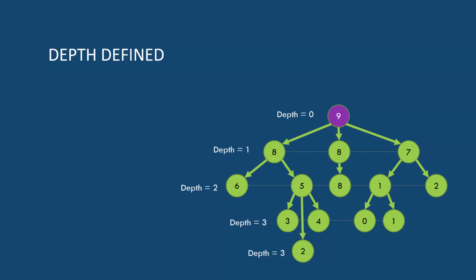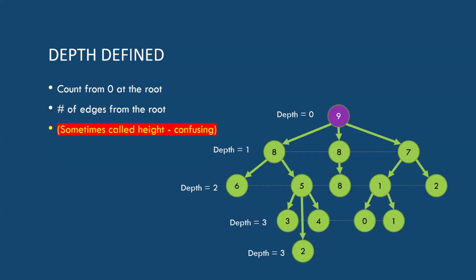But I'm not going to count off on anybody's test questions on these kinds of things. But for our sanity from now going forward, we're going to talk about the root being at depth 1, okay? And the number of edges from the root to the furthest depth that we can actually go, okay? So we'll try not to call that height because that tends to get a little confusing, okay?